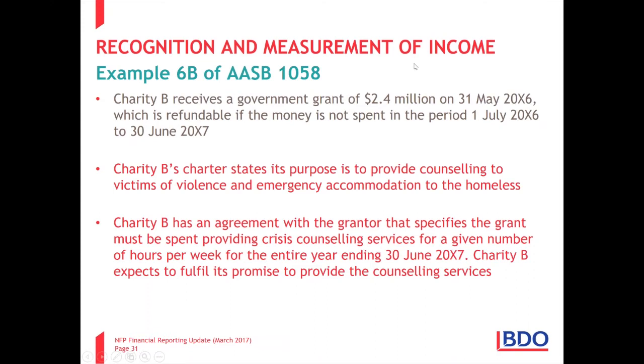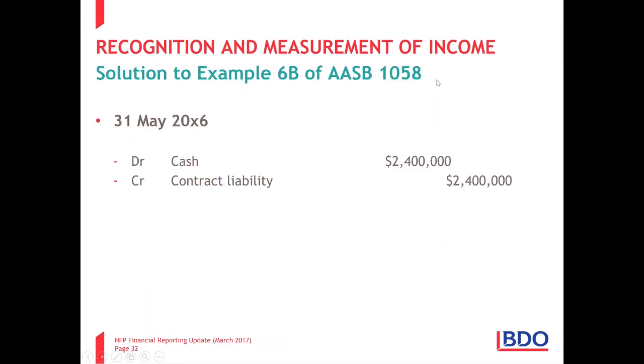So here you can see we get money, we've got 12 months to spend it, otherwise we have to repay it, so it's enforceable. And also there are clear, sufficiently specific performance obligations because I have to do a specific number of hours per week and we can measure whether we've done that or not.